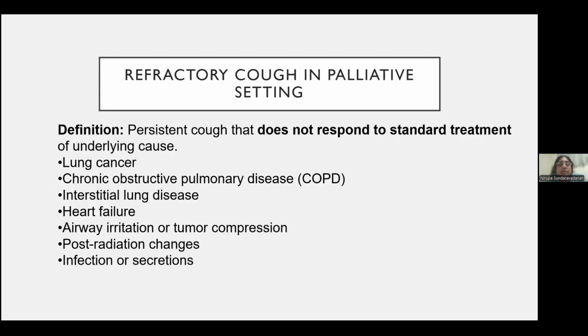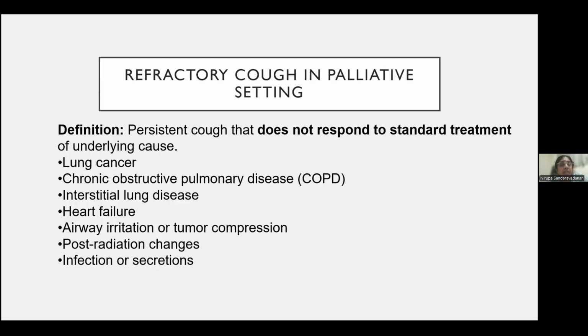Now we see this refractory cough in people with lung cancer. There must be something triggering the bronchi. Okay, maybe this bronchial wall invasion, or the disease has spread so widely that it's just triggering off the cough reflex. It could be there in chronic obstructive pulmonary disease. Usually they're chronic smokers and they have chronic cough as well.